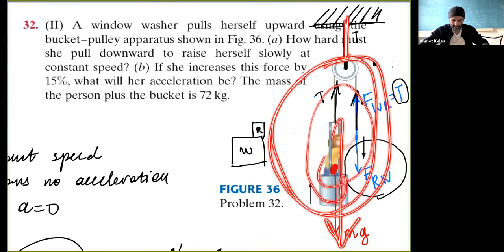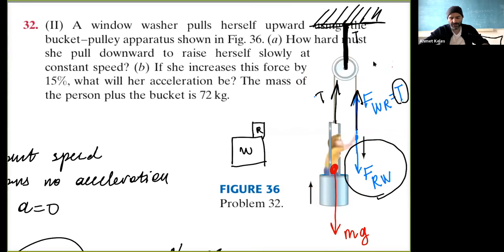Then I can say, okay, this T must balance the only mg. So this one must be mg. And this mg is divided into two branches here. One branch goes to here, the other branch goes here, and they equally divide themselves. So T plus T, okay? So basically here is 1/2 mg, here is 1/2 mg.